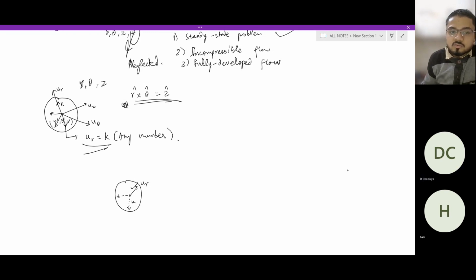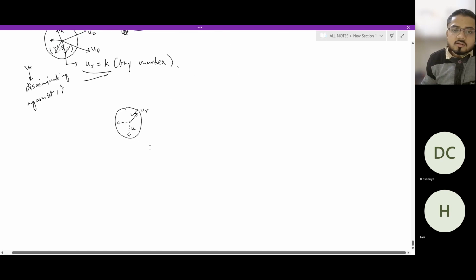That means that if you assign a particular direction to ur, you are discriminating against all these other directions, against all r cap. But due to the problem being symmetric, you cannot do that.